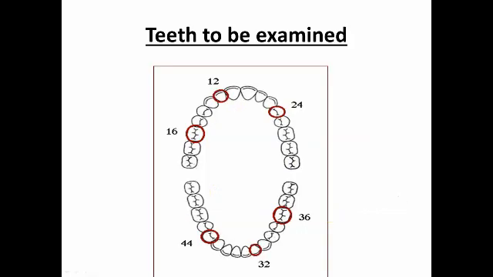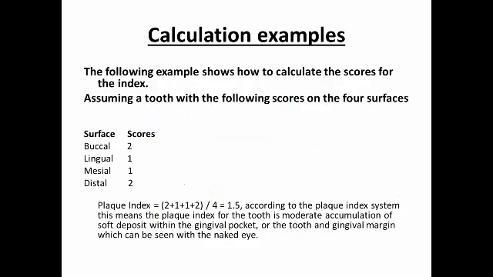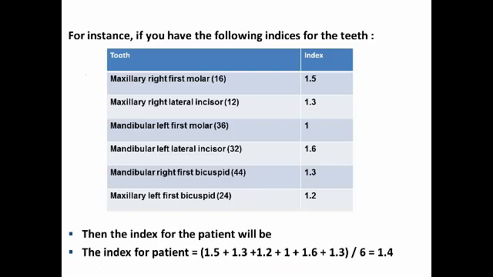And here these are the teeth examined. At the end, we add the score for all the surfaces examined, and we divide it by the number of teeth, and it is 1.5, for example, here.